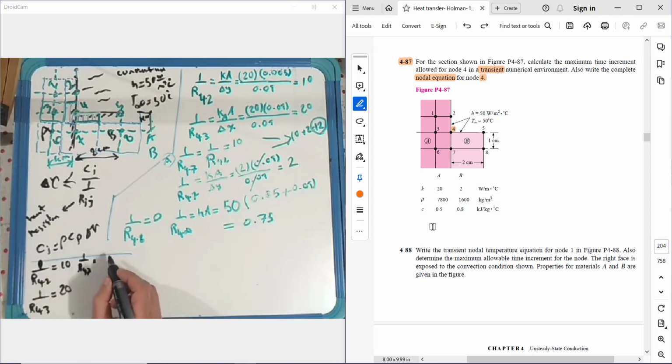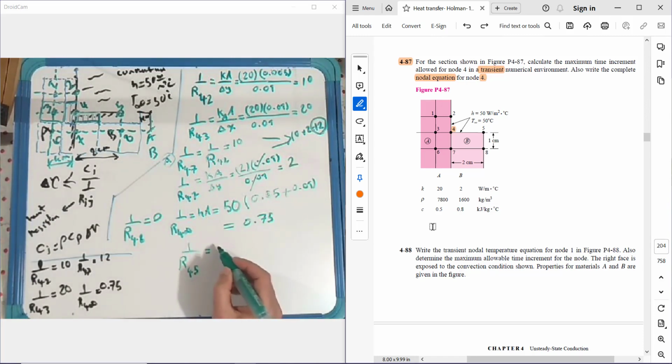R47 equals 12. R4 infinity equals 75. And R45. Okay, I should write it for 0.4. Okay, 0.45.